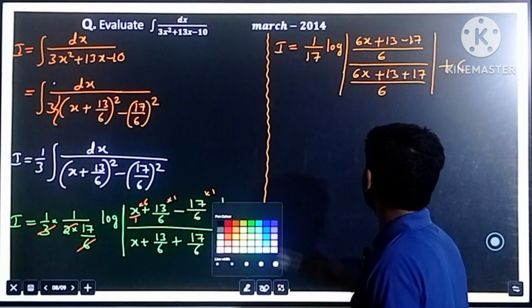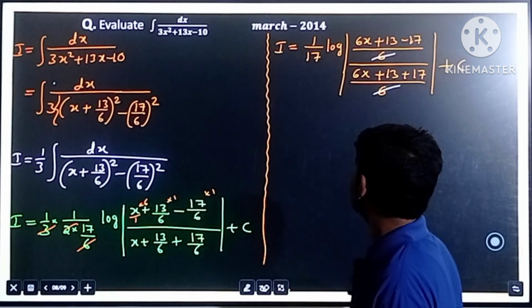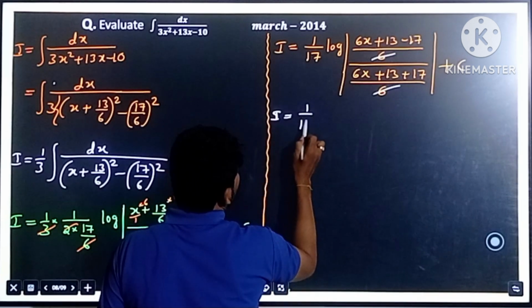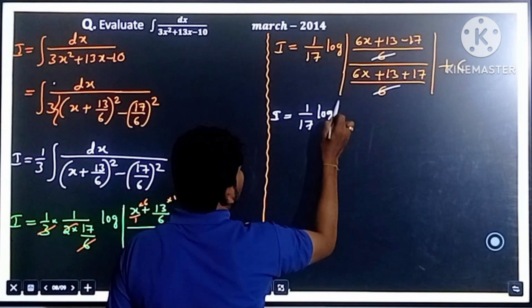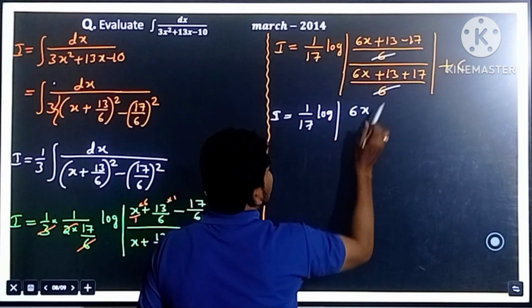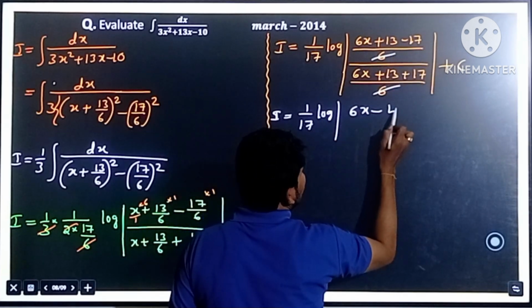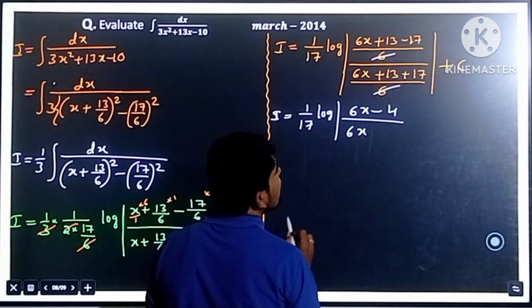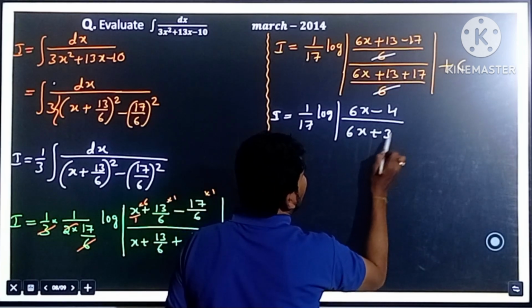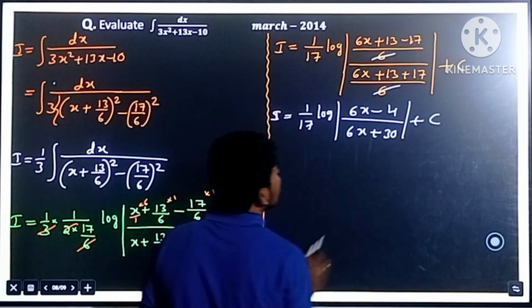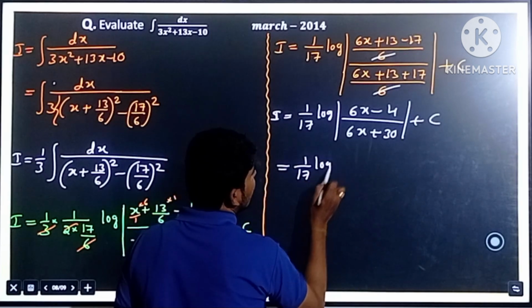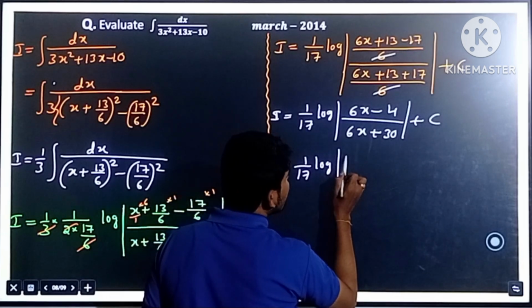Now see here I can cancel 6 and 6. So what is the remaining thing? I is equals to 1 divided by 17 log of 6x, 13 minus 17 is minus 4, divided by 6x, 13 plus 17 is 30, plus the integral constant c. Again see here, 1 divided by 17 log, in numerator I can take 2 as a common.